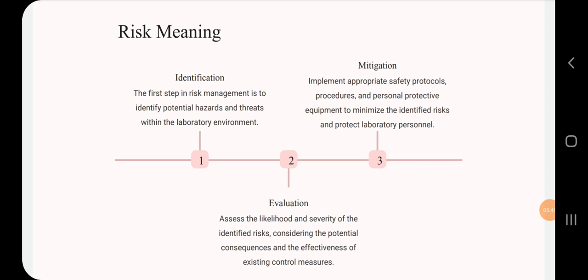Implement appropriate safety protocols, procedures, and personal protective equipment to minimize the identified risks and protect laboratory personnel. Evaluation. Assess the likelihood and severity of the identified risks, considering the potential consequences and the effectiveness of existing control measures.